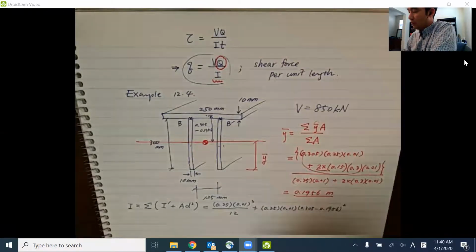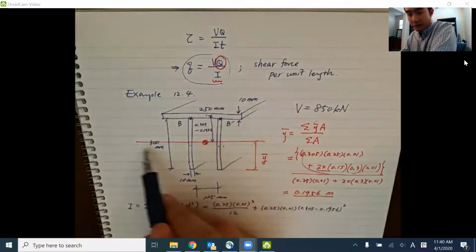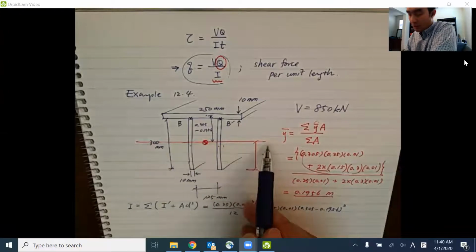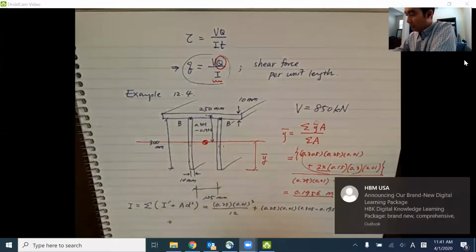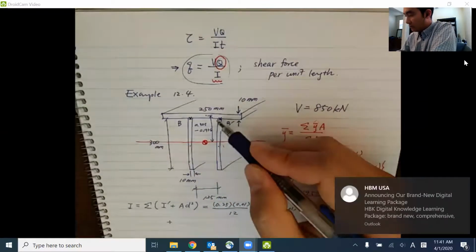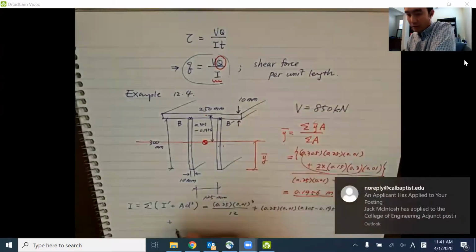So this is the moment of inertia for this top flange about this axis. Plus, we're going to add the moment of inertia for each one of these legs about this new axis, and these are identical, so I'm going to multiply by 2 for all the calculation.